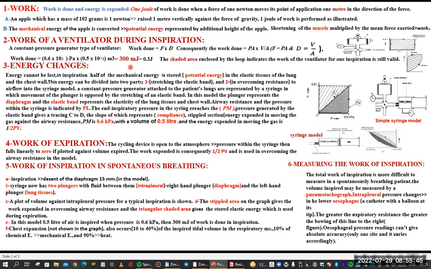This is the figure you ought to know in case someone asks you how much the inspiratory work yields. The shaded area on the diagram shows the normal loop of inspiration and expiration during the volume and pressure changes.